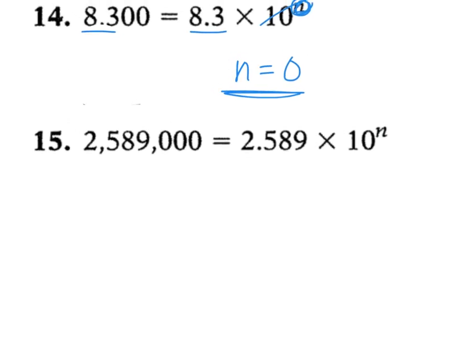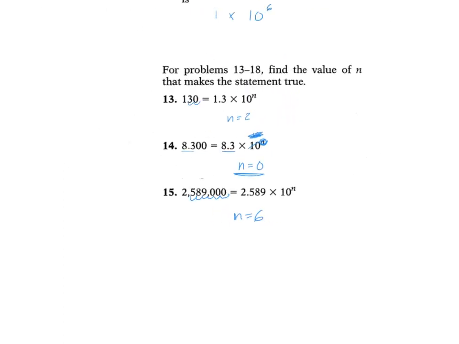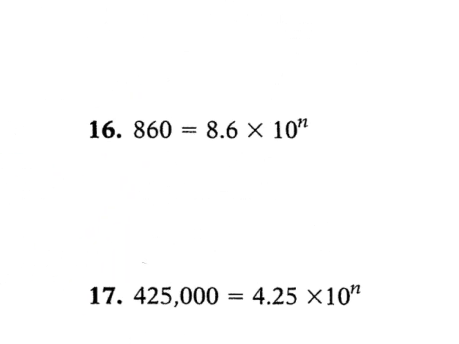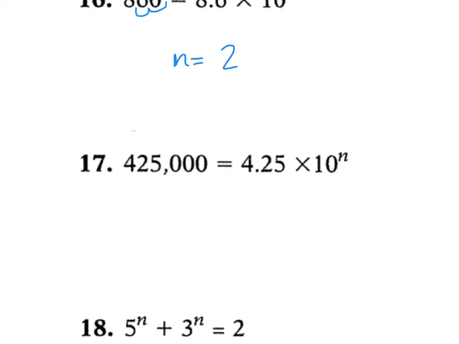For 15, we move our decimal 1, 2, 3, 4, 5, 6 places, so our n is 6. 16, we move our decimal 2 times, so n is 2. 17, we have 1, 2, 3, 4, 5, so n is equal to 5.